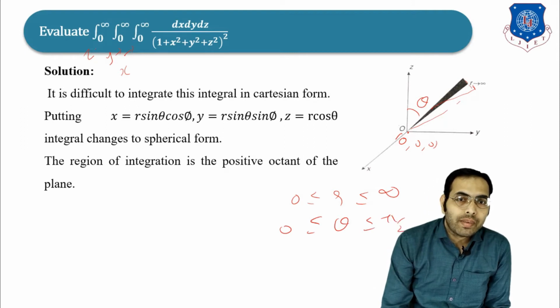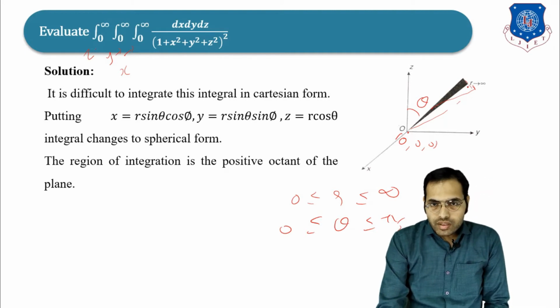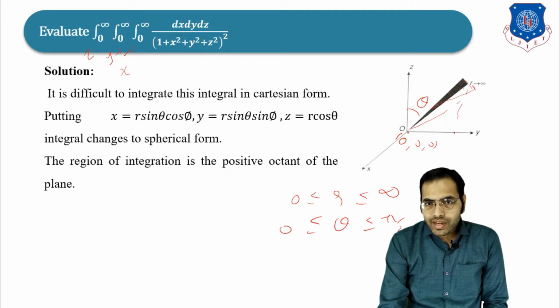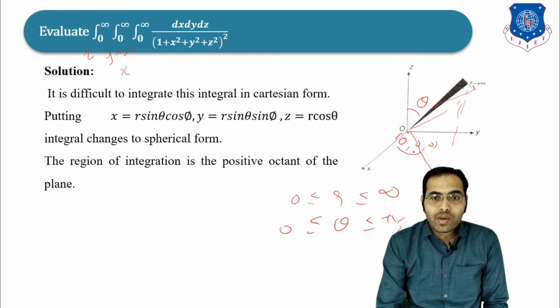Now similarly we have to find phi. Phi is nothing but the angle between the projection of the elementary radius vector on the xy plane and the positive x axis.